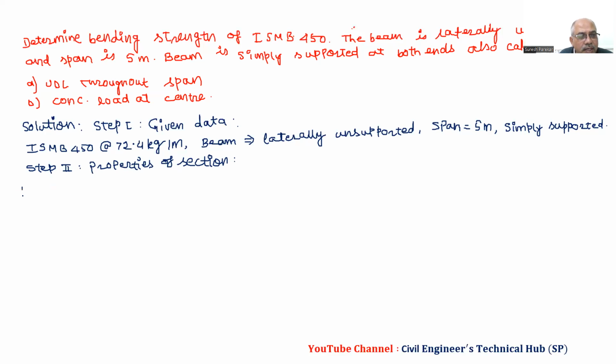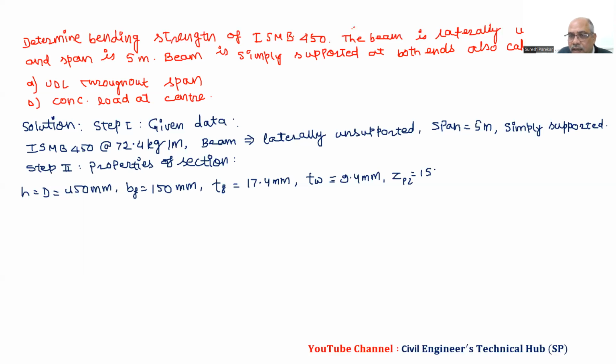So we have H equal to D equal to 450 millimeters, BF 150 millimeters, TF 17.4 millimeters, TW 9.4 millimeters, ZPZ 1533.36 into 10 raised to 3 millimeter cube, and then RYY 30.1 millimeters.